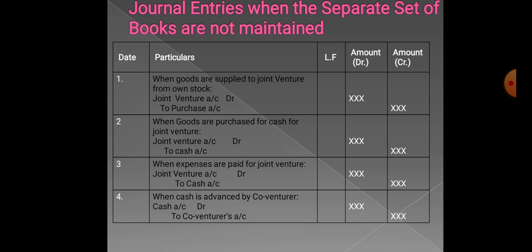Second, when goods are purchased for cash for the joint venture: joint venture account debit to cash account, because they have been purchased in cash. Third, when expenses are paid for the joint venture: joint venture account debit to cash account, because we are paying cash. When cash is advanced by a co-venturer, the entry would be cash account debit to co-venturer's account.